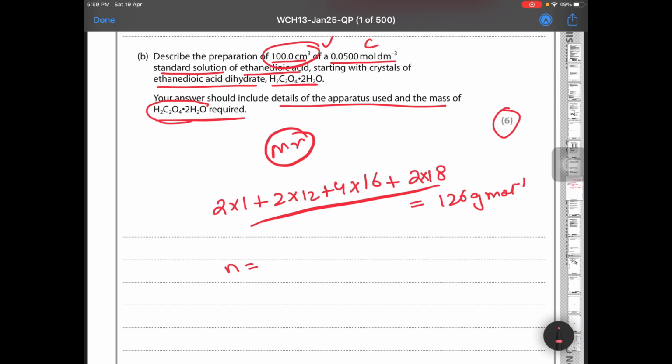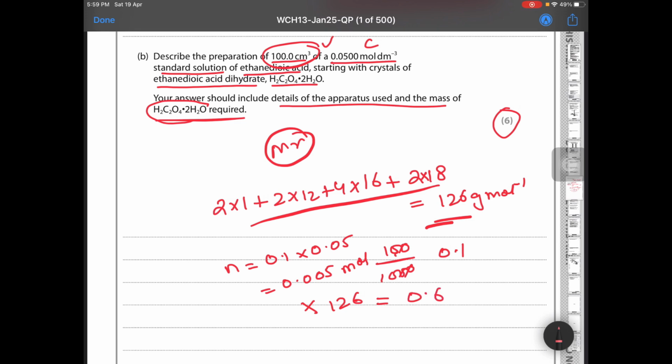Volume is in centimeter cubed, change it into decimeter cubed. It will be 0.1. So 0.1 times 0.05, you will get 0.005 moles. Then this moles times the Mr, 126, you will get the mass of the ethanedioic acid dihydrate, which will be 0.63 grams.